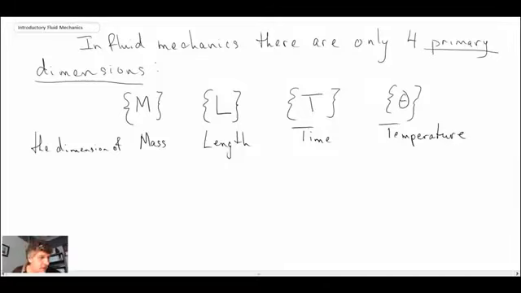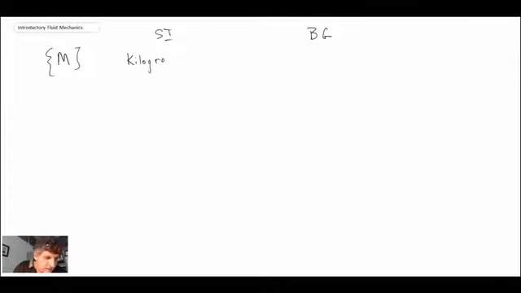So if we were to look at these in the different unit systems that we will be operating with in this course, SI and then the British units: if we're talking about mass, we know that in SI we're often using kilograms, with the symbol kg. And if you're using British, that would actually be the slug. If you're looking at length, in SI, we use the meter.